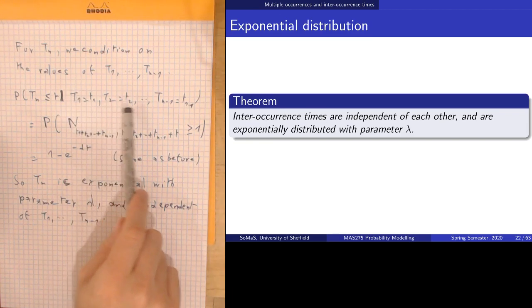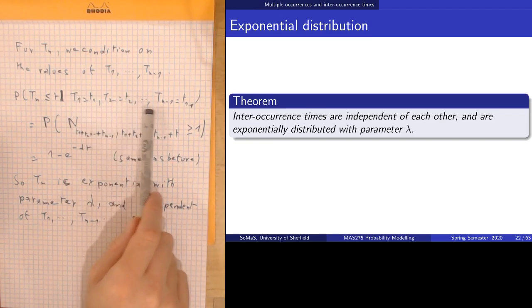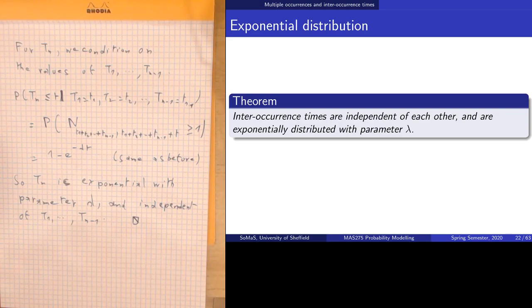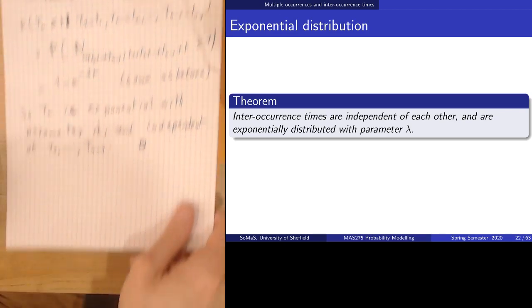So since these guys are exponential, the probability of this event happening is 0. So conditioning doesn't quite make sense in the way we're used to think. But okay, there's some theory hiding behind this, and it actually works fine. So we don't need to worry about that. Okay, that's our proof, or partial proof of this theorem.